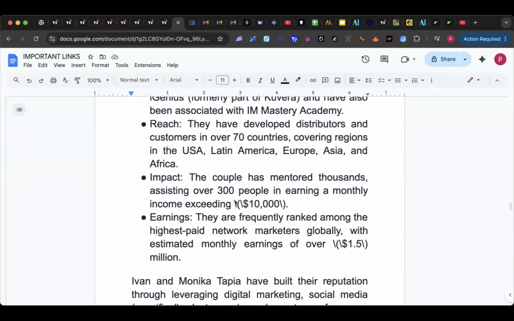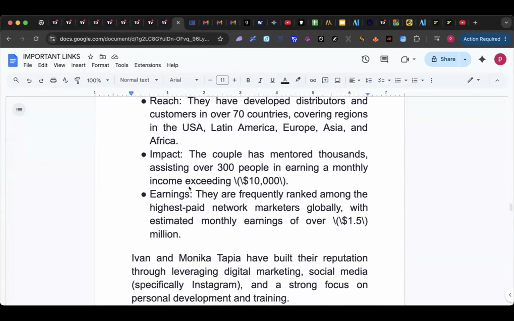Impact: the couple has mentored thousands, assisting over 300 people in earning a monthly income exceeding an average of $10,000. That means others may be earning 1,000, 2,000, and so on. They are frequently ranked among the top highest paid network marketers globally, with estimated monthly earnings of $1.5 million.